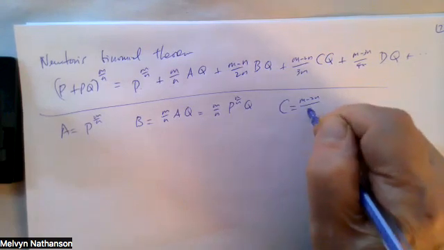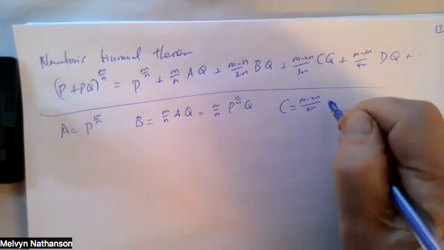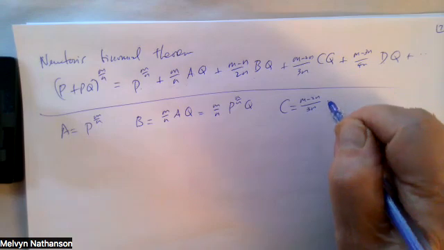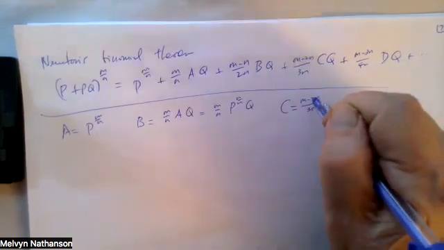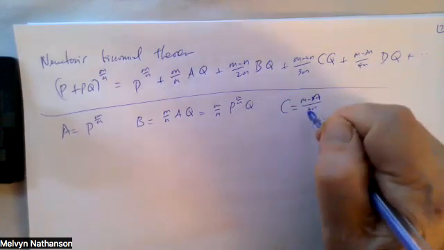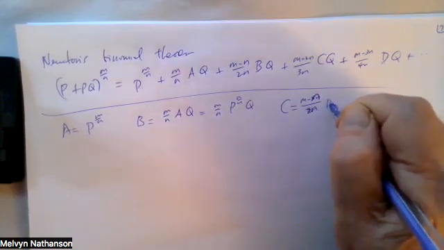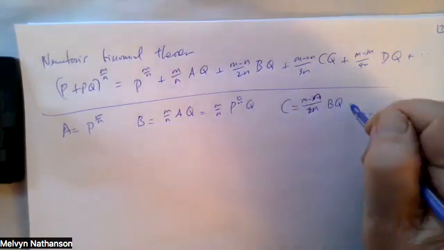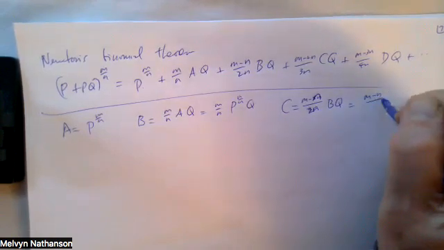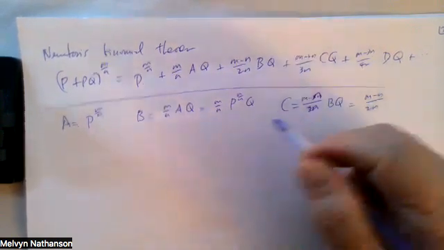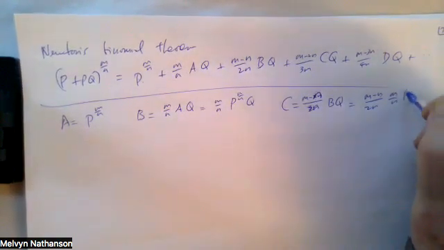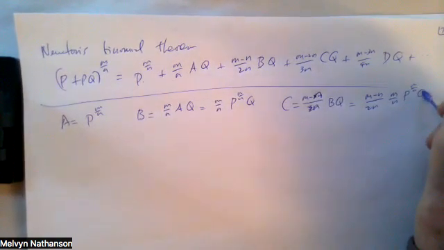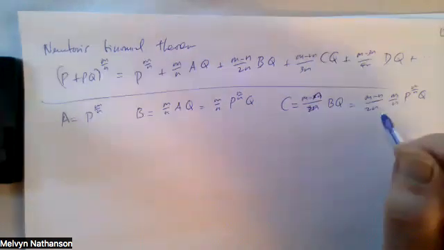Sorry, C is ((m - n)/2n)BQ, which is ((m - n)/2n) times B. And what is B? B is (m/n) P^(m/n) Q, and so on.